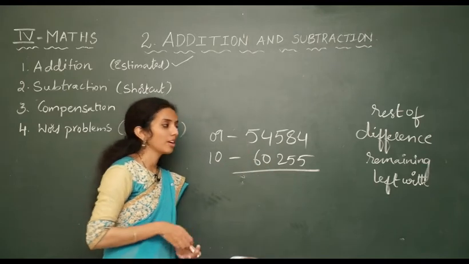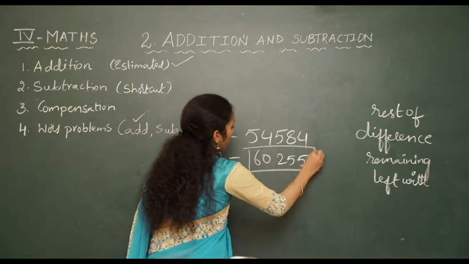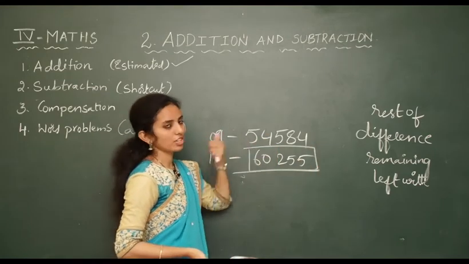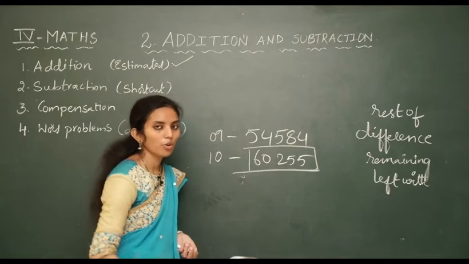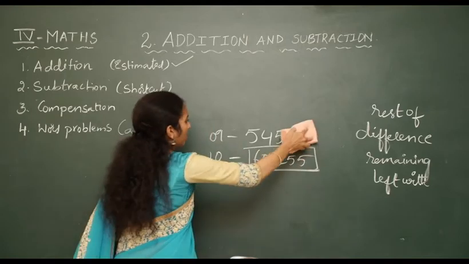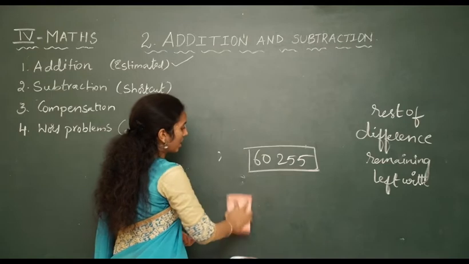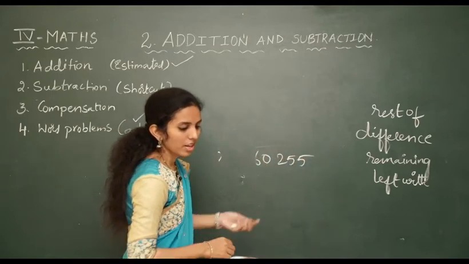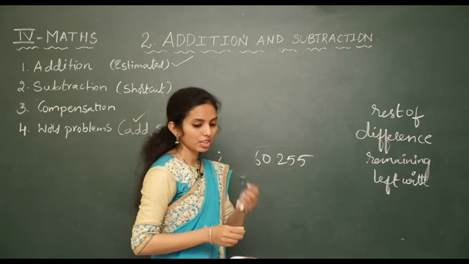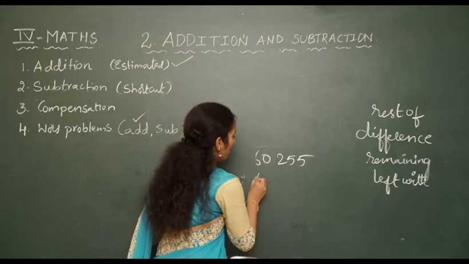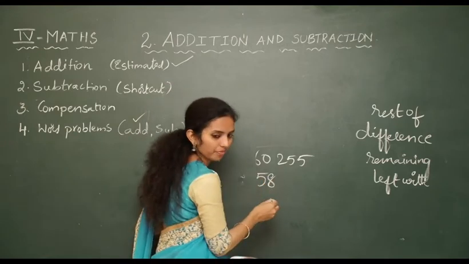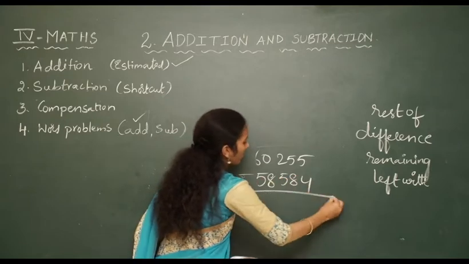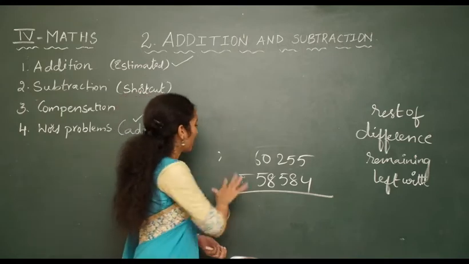So how we can find out? This is the biggest number, that is in 2010 the production is more and 2009 the production is less. So what will we do? We will subtract 2009's production from the 2010's production, that is 60,255 minus 58,584. So do the subtraction, you will get the expected result.